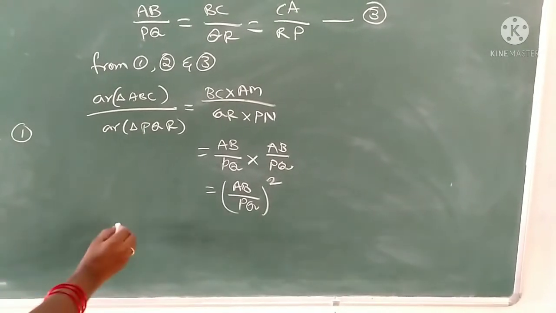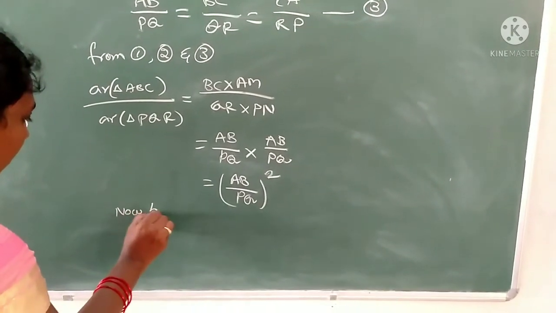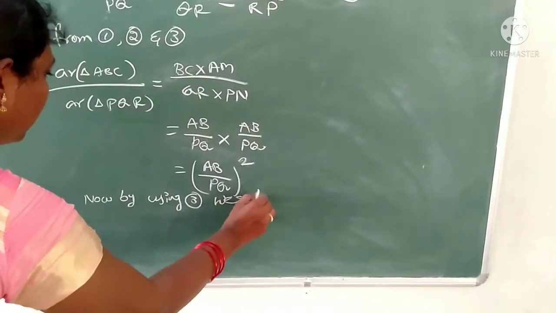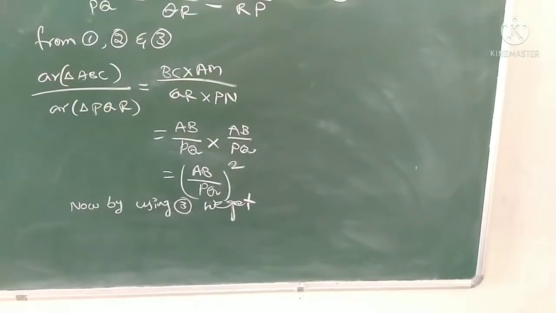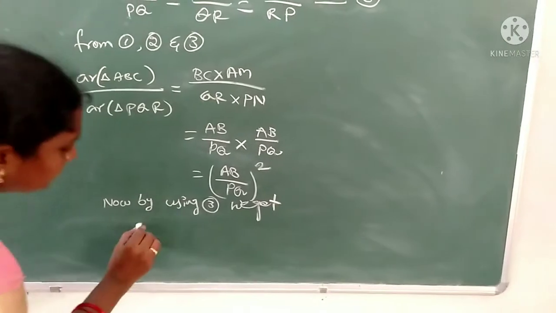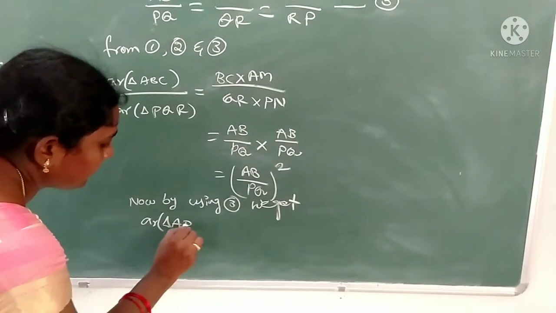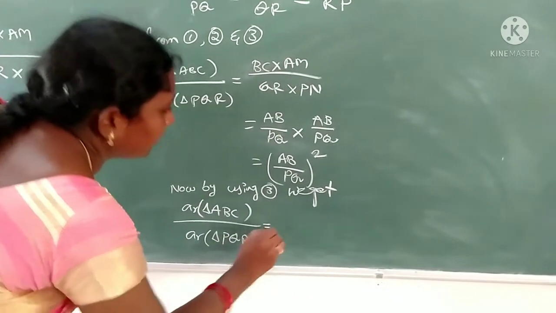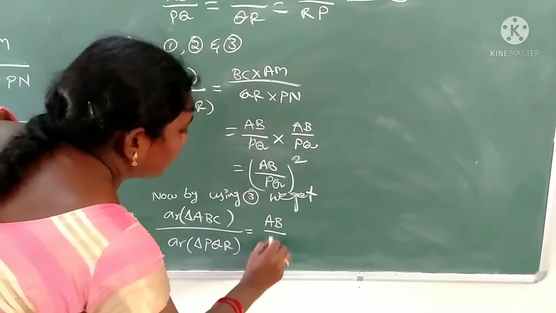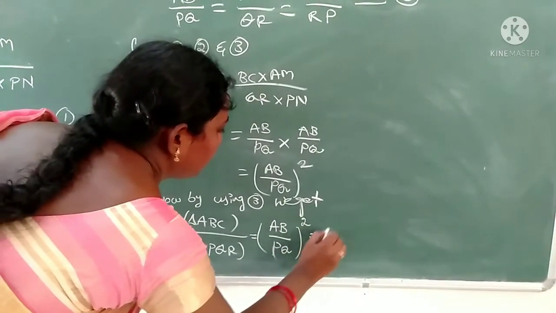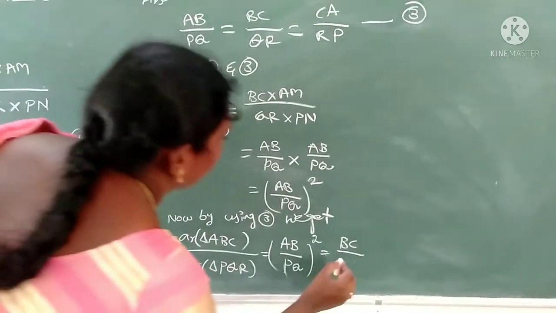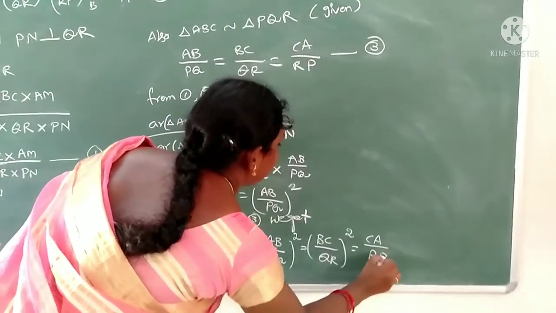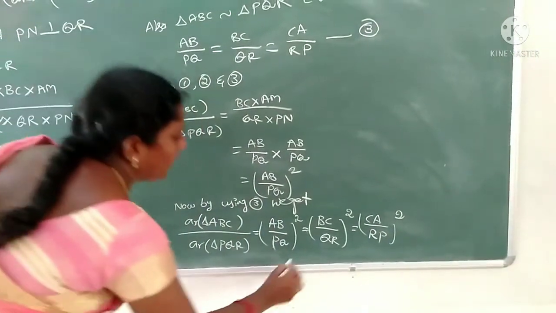Now by using 3, area of triangle ABC by area of triangle PQR is equal to AB by PQ whole square, equal to BC by QR whole square, equal to CA by RP whole square. So hence proved.